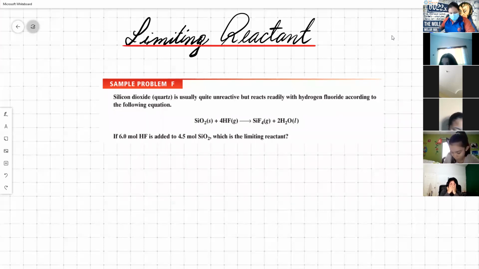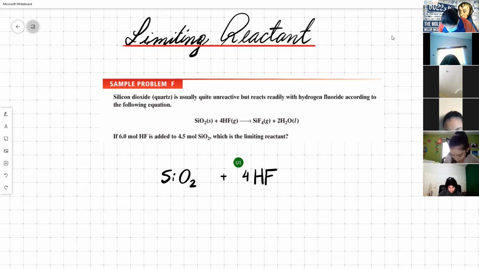I'm going to write the equation again because I like it that way a little bit better. So silicon dioxide plus 4 hydrogen fluoride produce silicon tetrafluoride and 2 molecules of water.